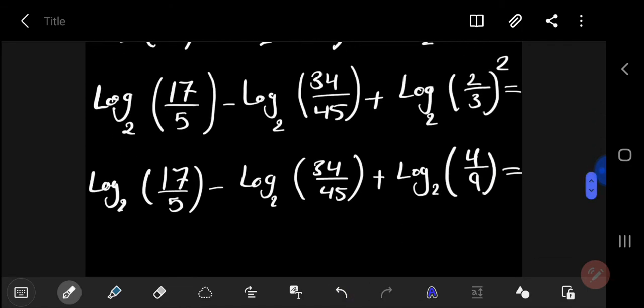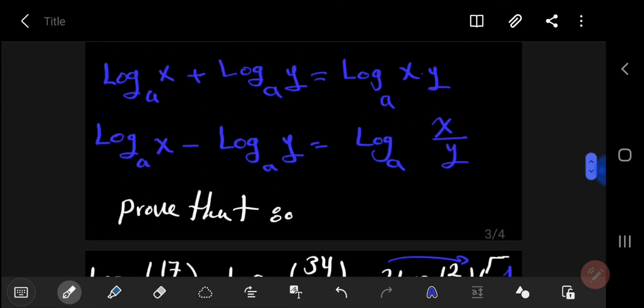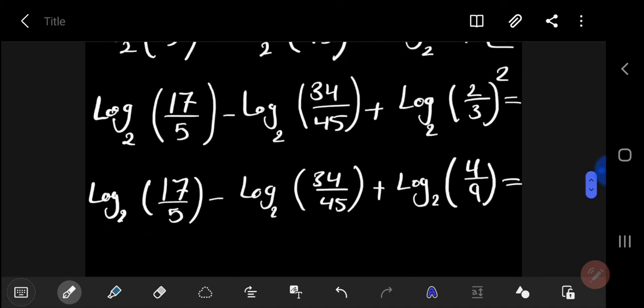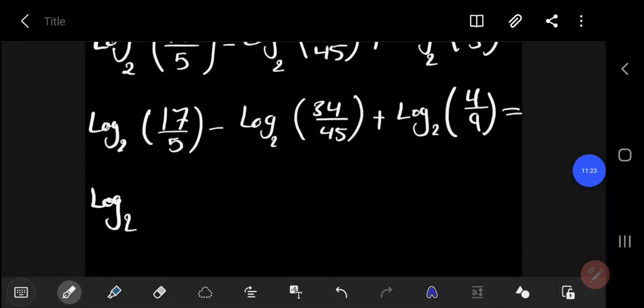Now I will take the benefit of these two properties, transforming the sum to multiplication and the difference to division. I will show that to you. I take the same log and the same base; it has to be the same base for this property.